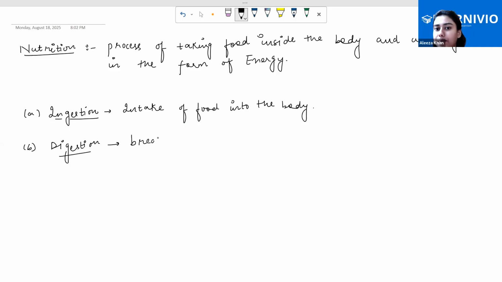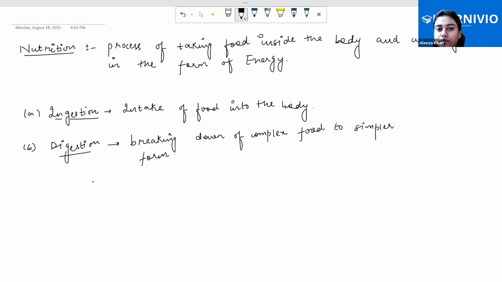I can say breaking down of complex food to simpler form of the food. Okay. This is exactly known as digestion.